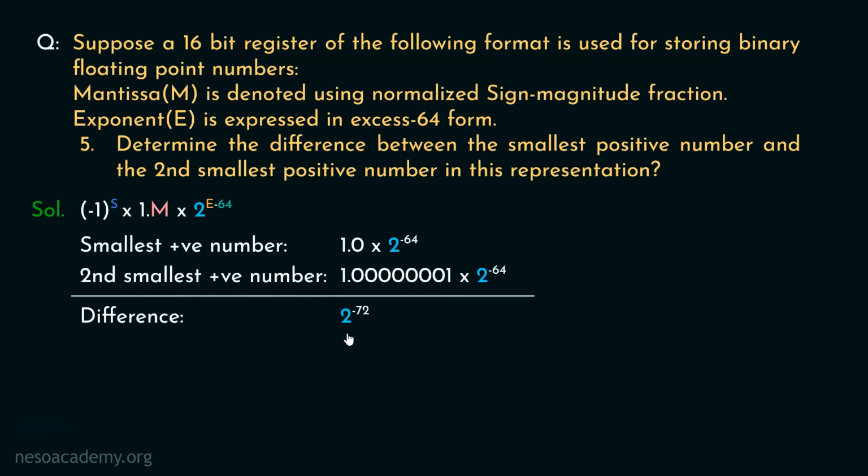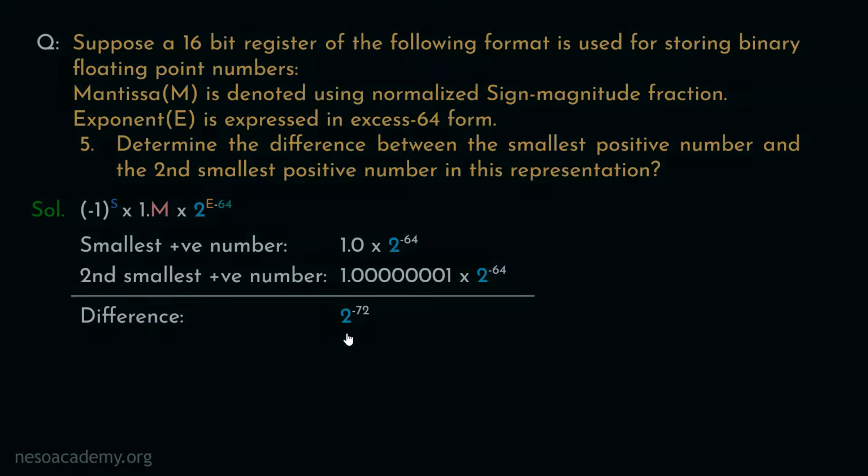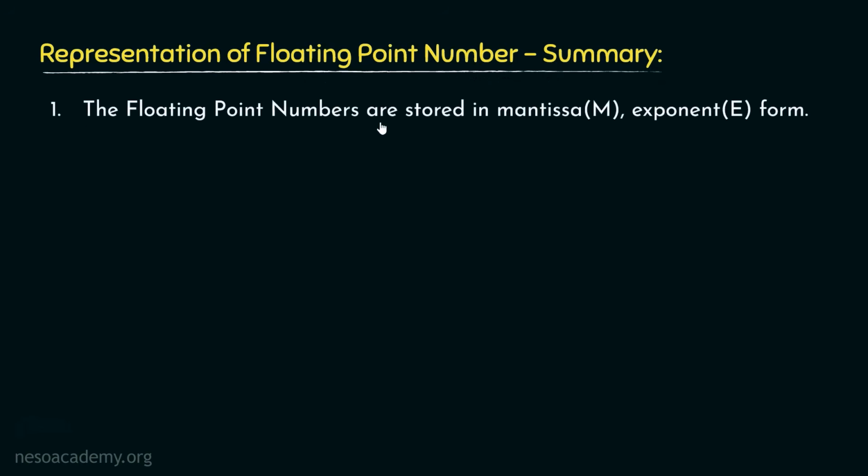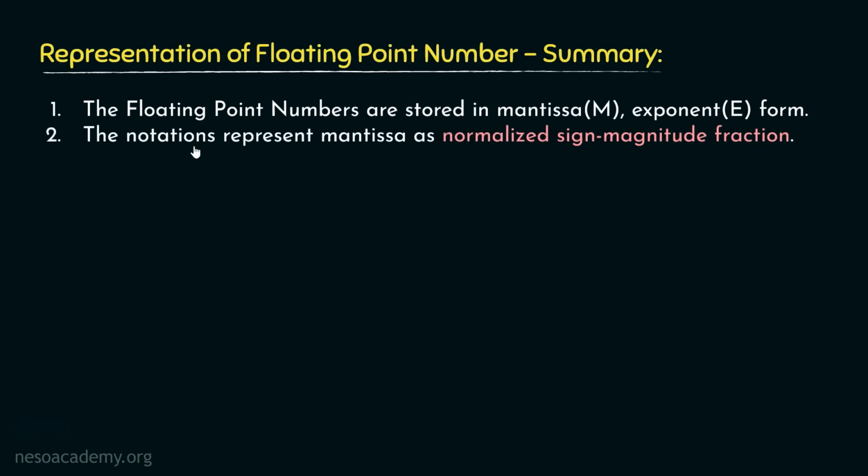Now with this result, we have come to the end of our series of linked questions. Let's now follow the representation of floating point numbers summary. So basically the floating point numbers are stored in mantissa and exponent form. Thereafter the notations represent mantissa as normalized sign magnitude fraction, right?